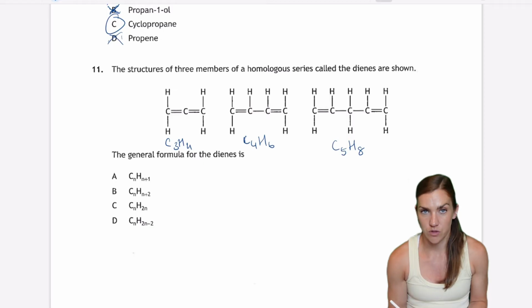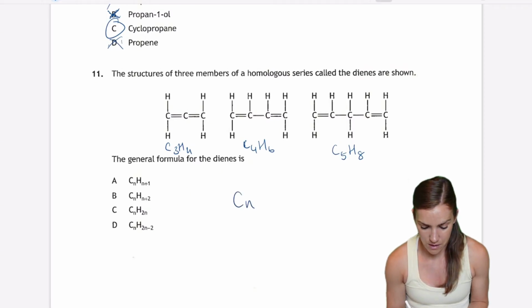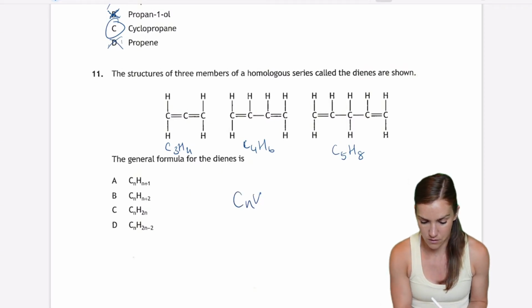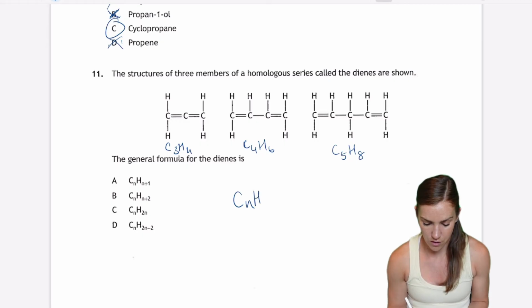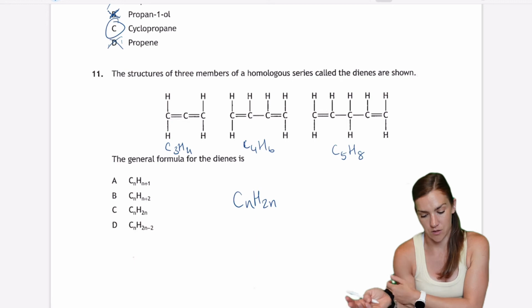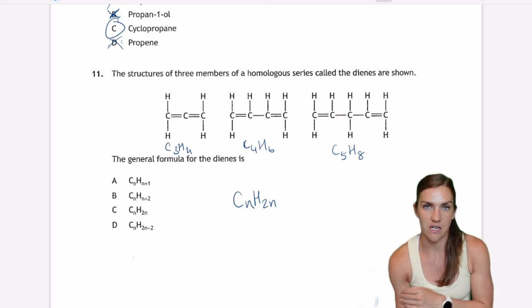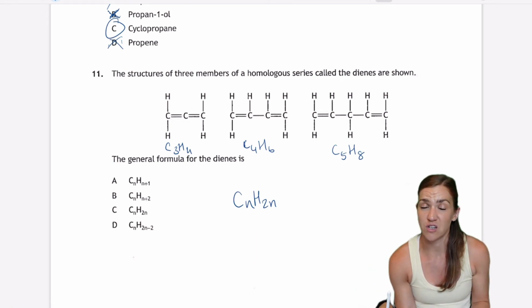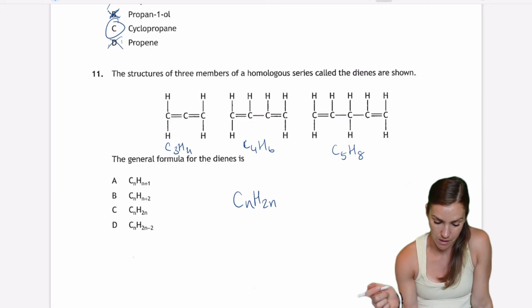Every general formula will start off with the basis of CnH2n. So we'll start off with CnH2n, and then we just adjust from there to suit how many hydrogens we need, and you would add on any extra atoms if there were any, like oxygen or sulfur or anything.